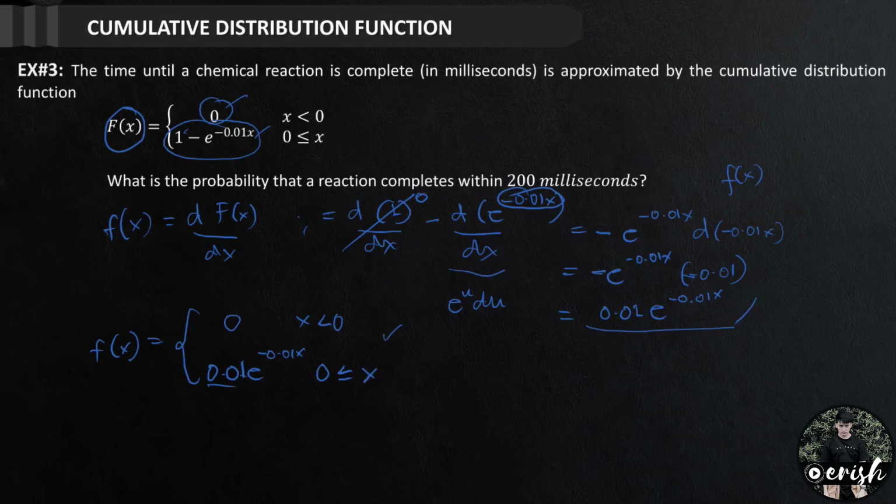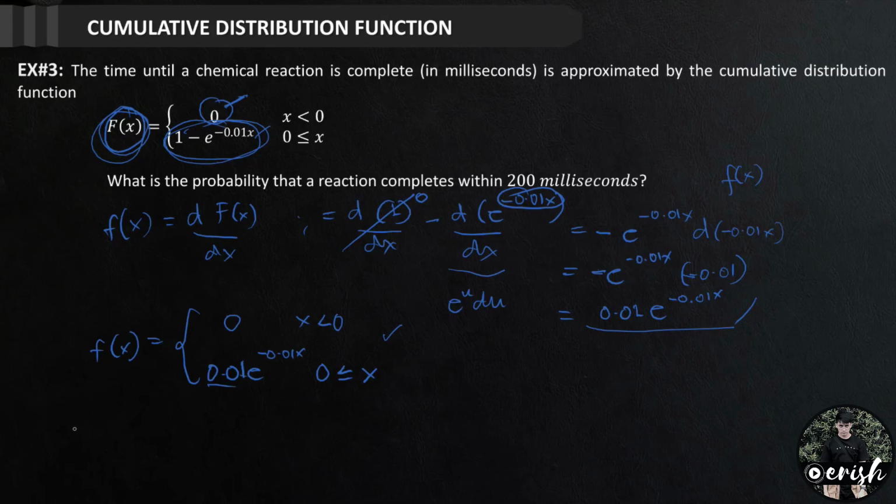This is the cumulative distribution function equivalent to the derivative of F of x, which is eto nga. And for the probability that a reaction completes within 200 milliseconds, when we say within, the random variable x natin is less than 200. So, ang gagamitin natin is, itong part na lang na to, since hindi naman na natin pwedeng substitute dito dahil 0 na yan, there is no function.